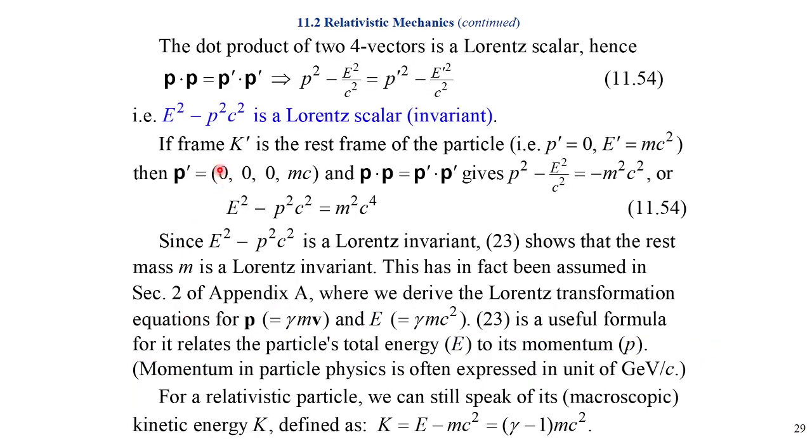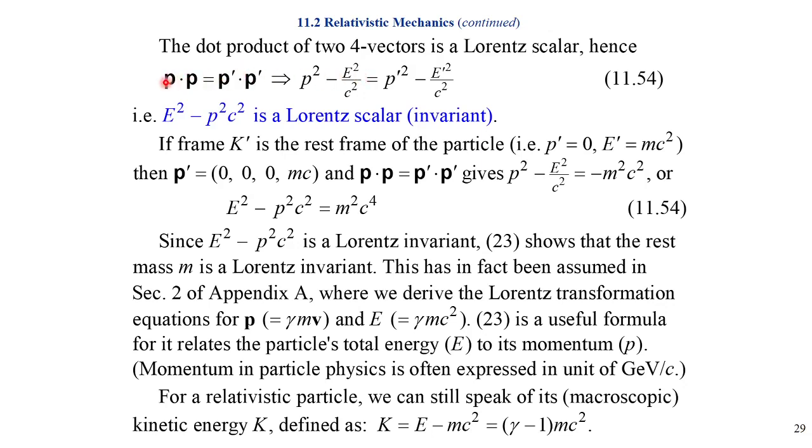Now, we have a 4-vector, but remember the inner product or dot product of two 4-vectors is a Lorentz scalar. So we have P dot P. This symbol means momentum 4-vector, and the momentum 4-vector in another frame.